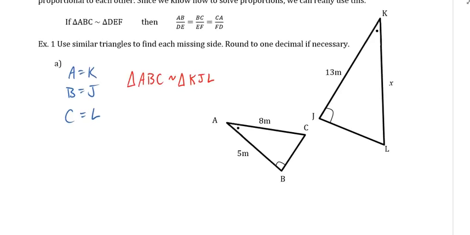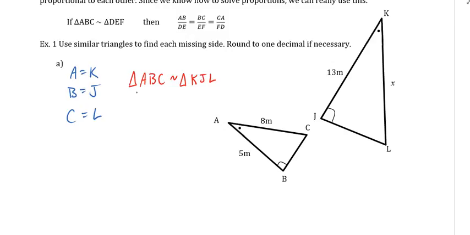Now we'll write a proportionality statement. So I'm going to start with AB and KJ. AB over KJ equals, and then BC over JL equals, and then CA or AC, the order doesn't matter, over LK.